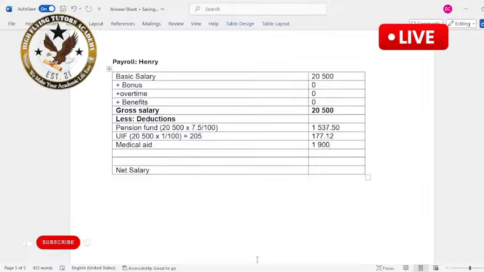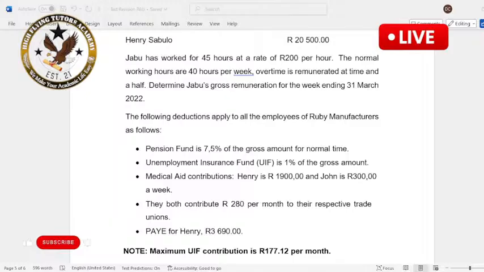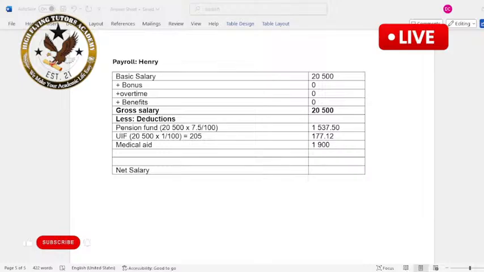And then there's unions, trade union. They both contribute 8. So we go to the answer sheet, trade union, 8. They both contribute 8.